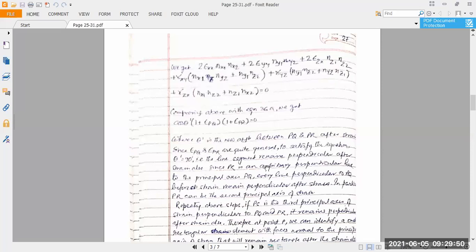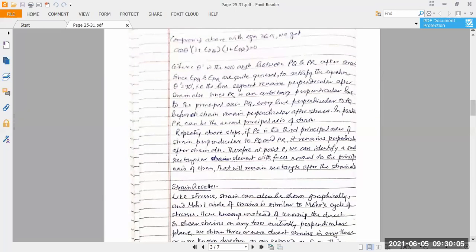Therefore, at point P we can identify a small rectangular element with faces normal to the principal axes of strain, and that will remain a rectangle after the strain also.